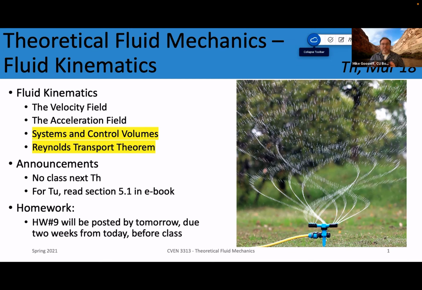Just go ahead and read section 5.1, and we're going to talk about what happens when we have control volumes that are moving. Because now we have to start thinking a little bit about 2 different velocities here. If we took our control volume, moved it, we need to consider that velocity as well as the velocity of fluid perhaps moving out of it.